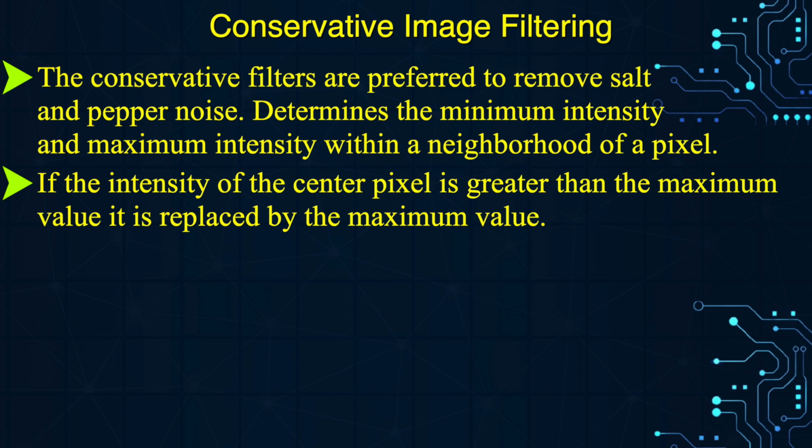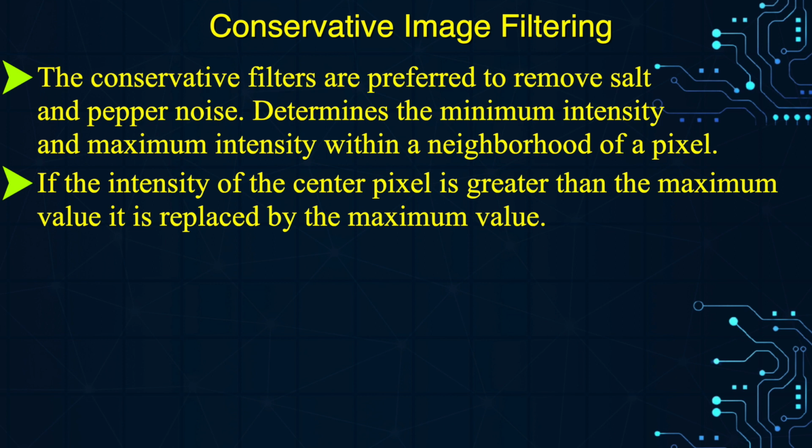In the maximum filter, when you apply it to an image, it takes a neighborhood. Neighborhood means one pixel and nearby pixels. So when it takes the neighborhood, the maximum value from the neighborhood is taken and the pixel is replaced by the maximum value, and then it moves.